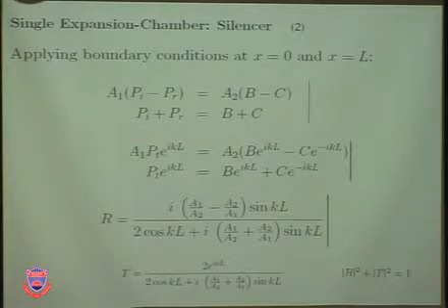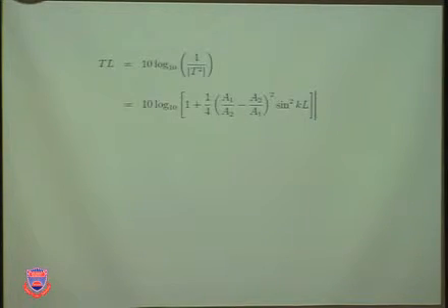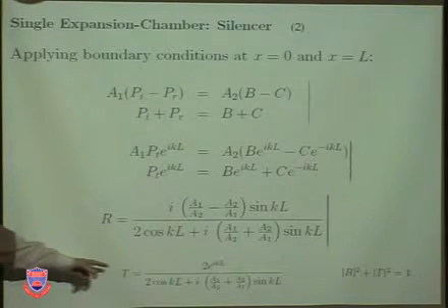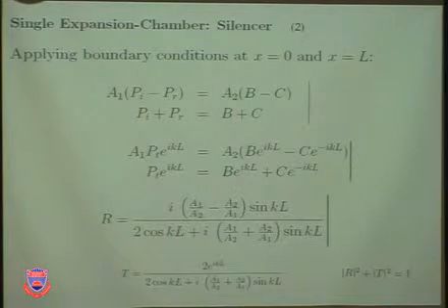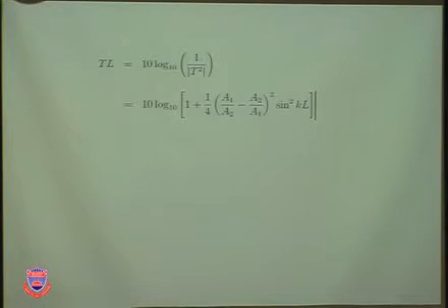Now, the transmission loss, if you go back here, this is the pressure transmission coefficient, and the transmission loss is defined as 1 over the absolute value of t squared.